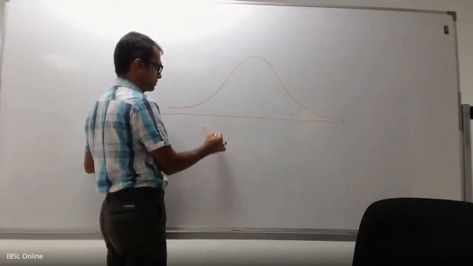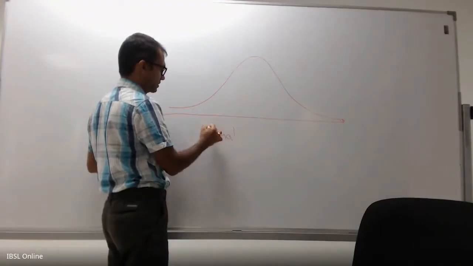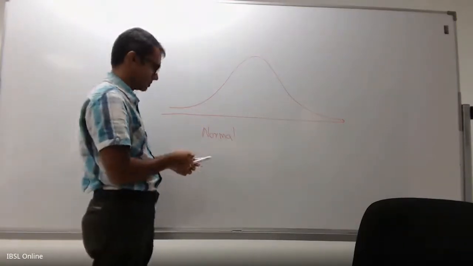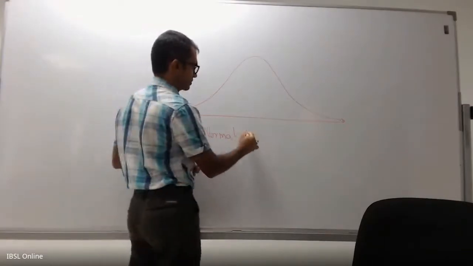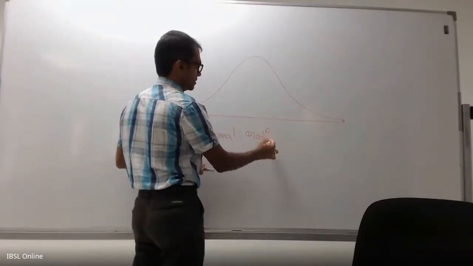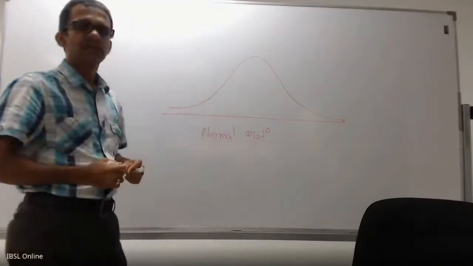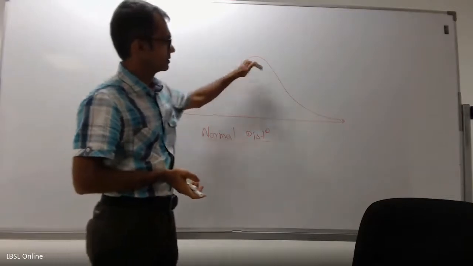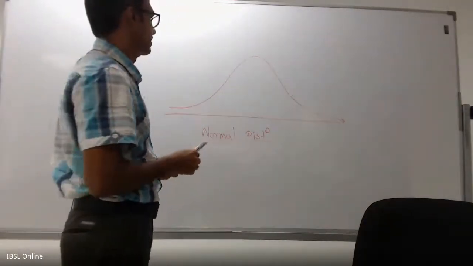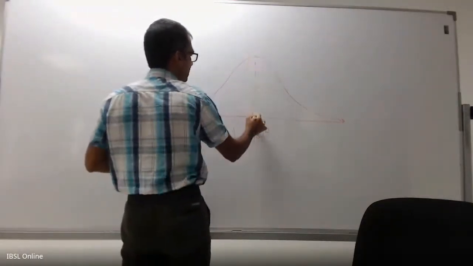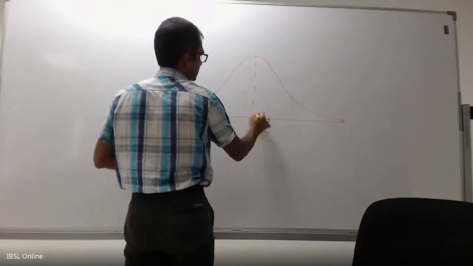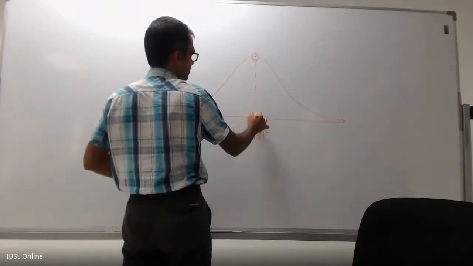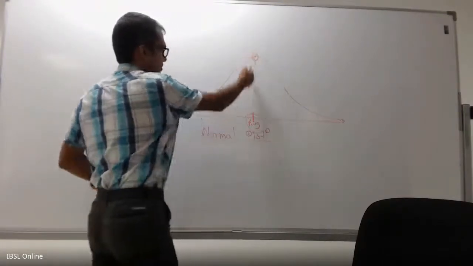If you have discussed anything about statistical concepts, you might have heard about a normal distribution. We assume returns are distributed like this, where this peak is the average. This is our average return. Most of the time we get that return.